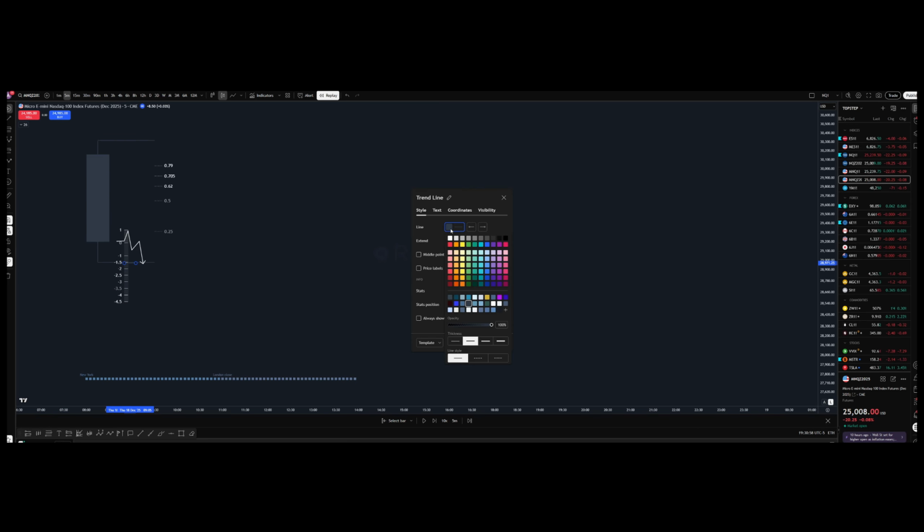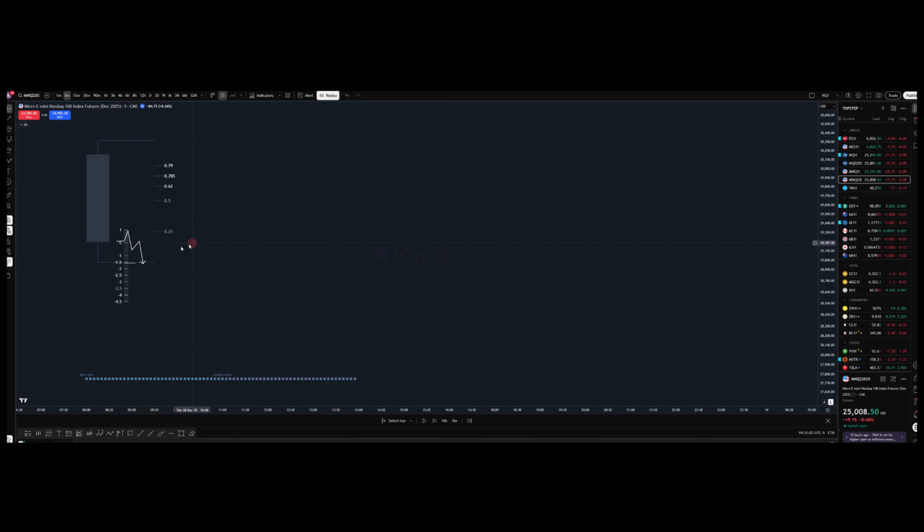Change this to white. Once we reach SD 1.5, we then normally look for an SBS. The idea is that it becomes a redistribution fractal. So we have our breakdown is 1, get a retracement for 2, we break that low for 3, and then we do something like this.